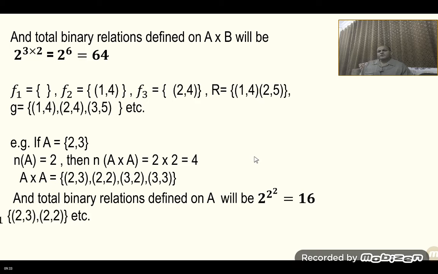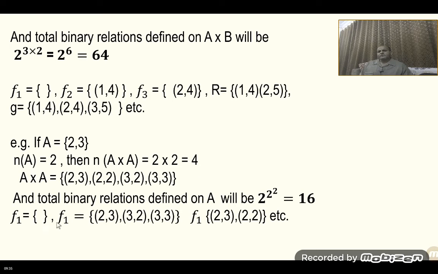Of course, a few of them: F1 is empty, F2 is {(2,3),(3,5),(3,3)}, and similarly F3 is {(2,3),(2,2)}, etc.